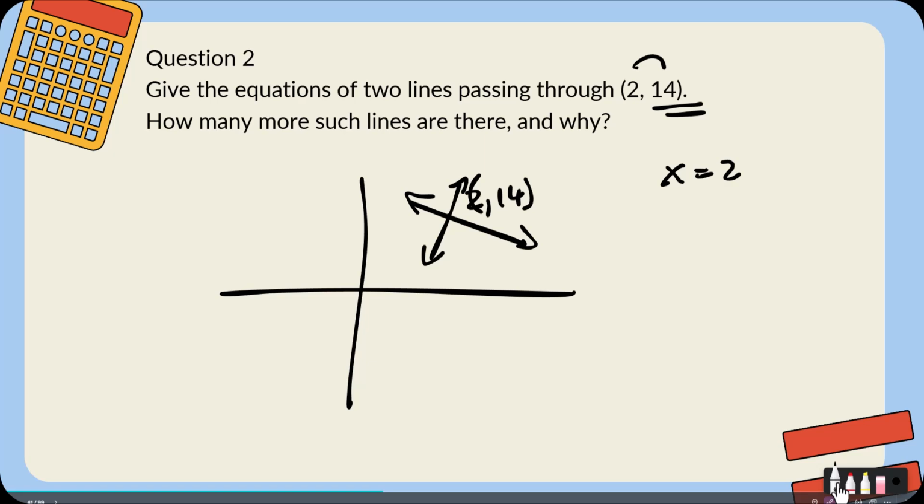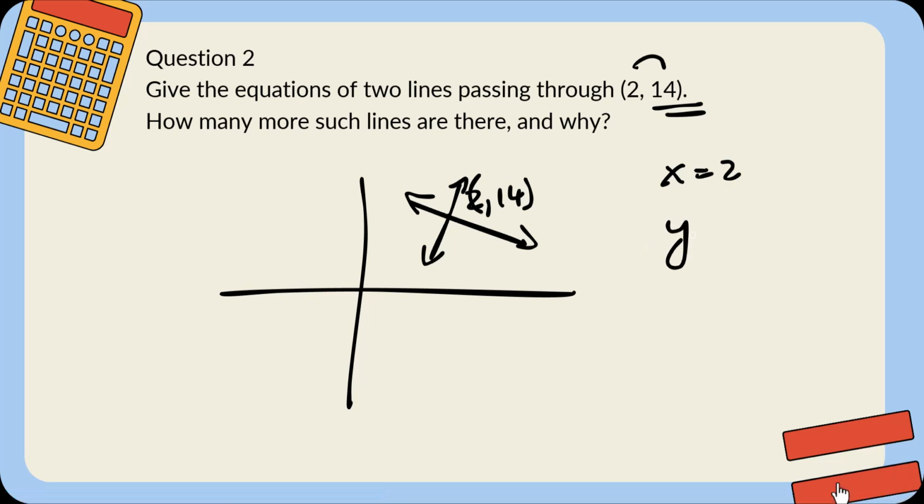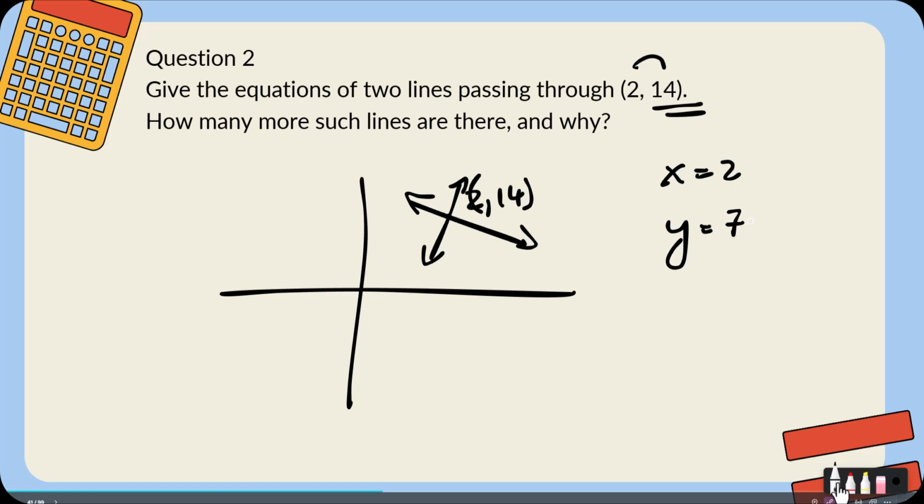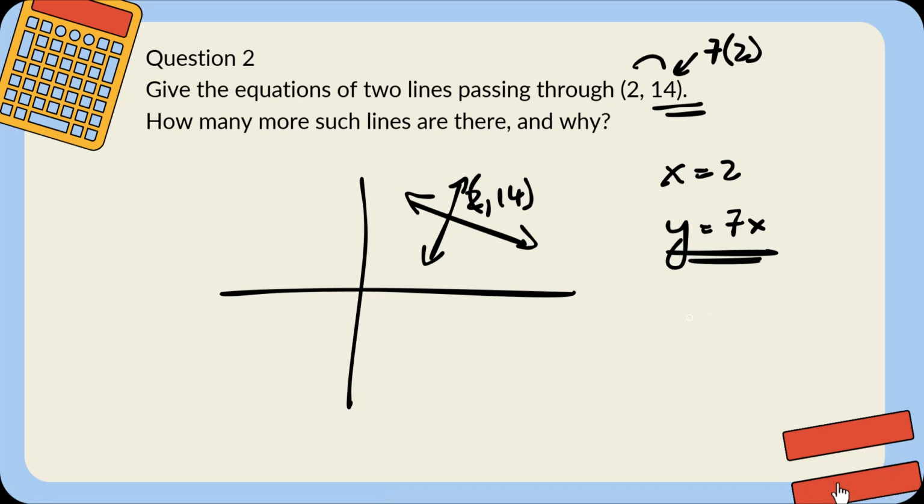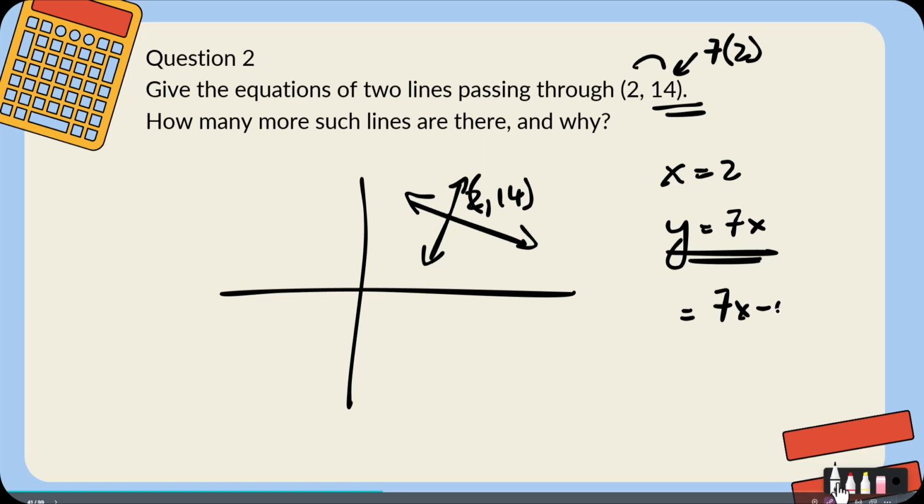Y is equal to 7 times x, right? If you look here carefully, y is 7 into 2, correct? Yes. So it is 7 times x. That is a relation. So I can form an equation here. I can write it as 7x minus y is equal to 0, right? So 7x minus y is equal to 0 is an equation to this line. That's how you create that equation.